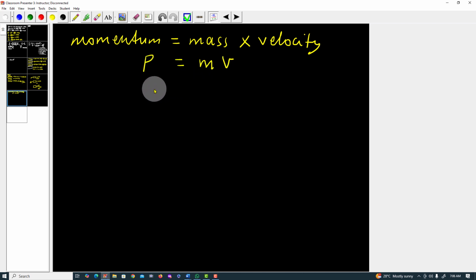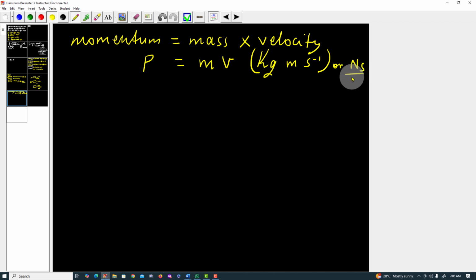Momentum has SI units, and these SI units can be derived. You can see that the SI unit of momentum is the SI unit of mass, which is kilograms, times the SI unit of velocity, which is meters per second. So the SI unit of momentum is kilograms meter per second, or Newton seconds.